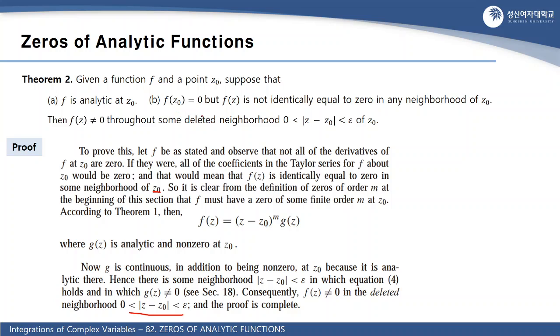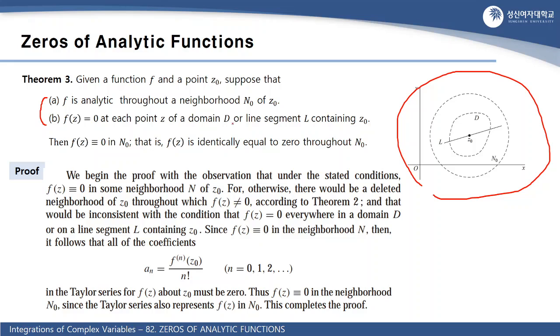Here we get the result from theorem 2. And that would be inconsistent with the condition that f(z) is equal to 0 everywhere in a domain D or on a line segment R containing z₀.